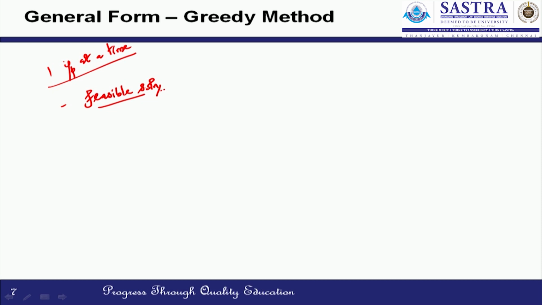The feasible solution is a solution that satisfies the constraints of the problem. So considering one input at a time, check if it results in a feasible solution. That means if it satisfies the constraints of the problem, then it is considered a feasible solution. Then check if the feasible solution optimizes the objective function.